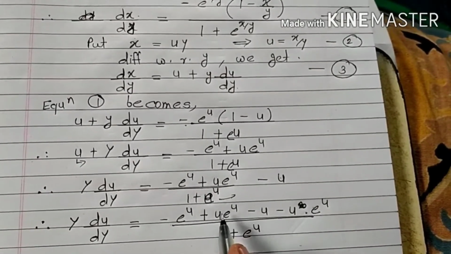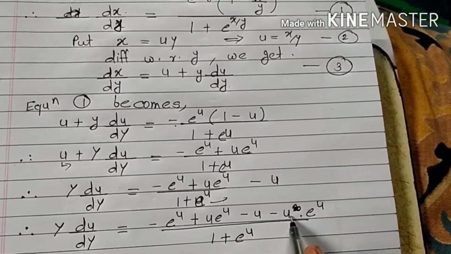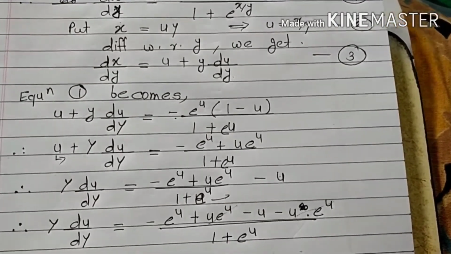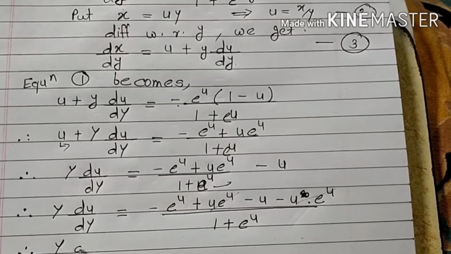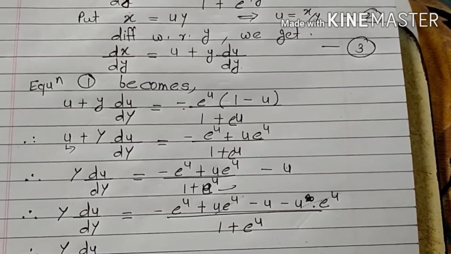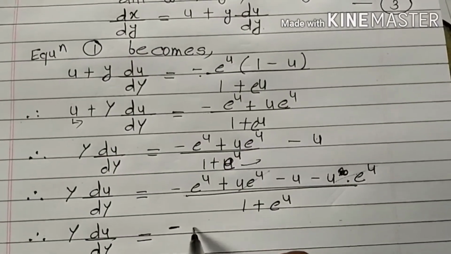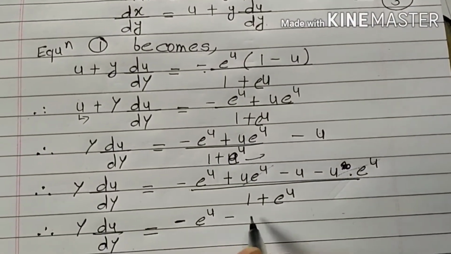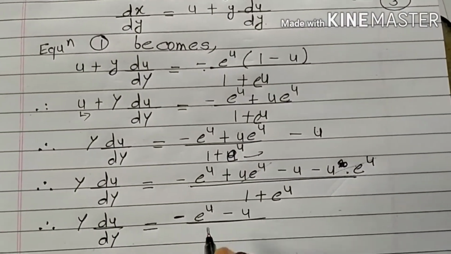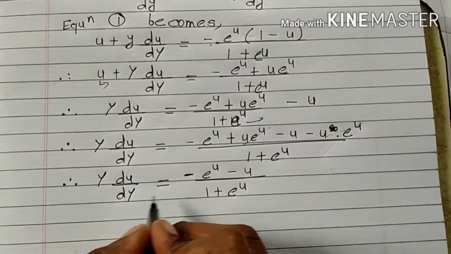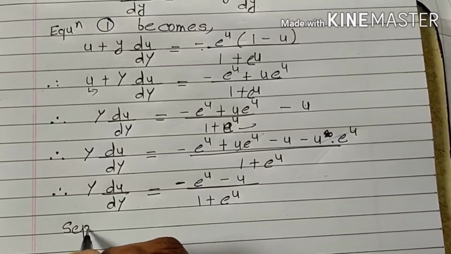Now this u e raised to u and this minus u e raised to u get cancelled. This term will get cancelled. So the remaining terms are y du upon dy, which is equal to minus e raised to u plus u upon 1 plus e raised to u. Now separate the variables.